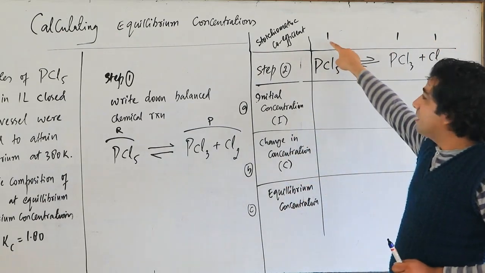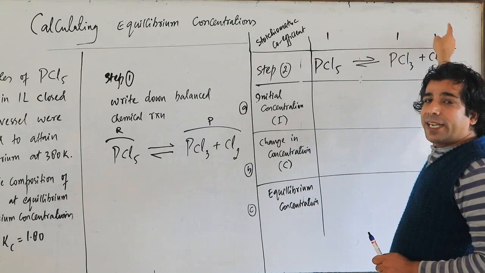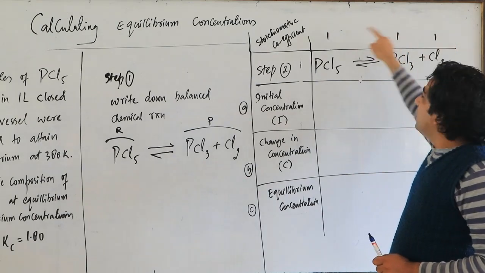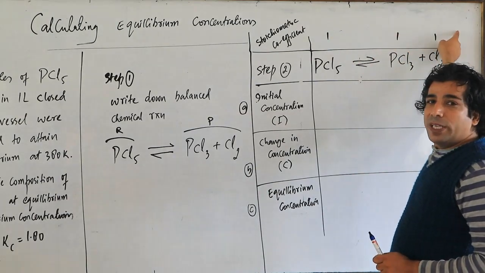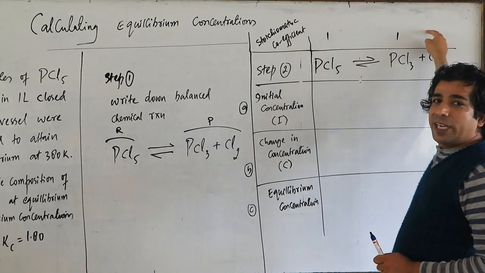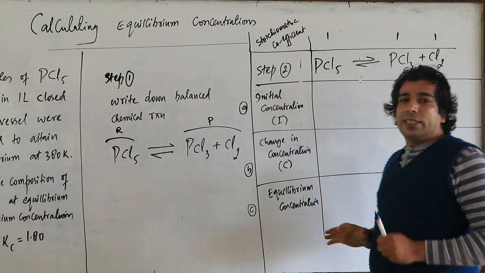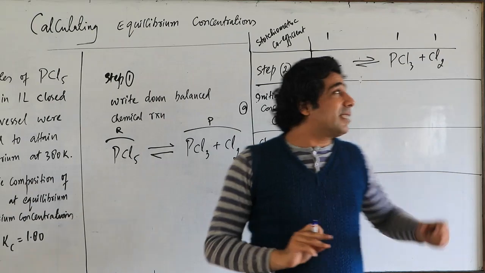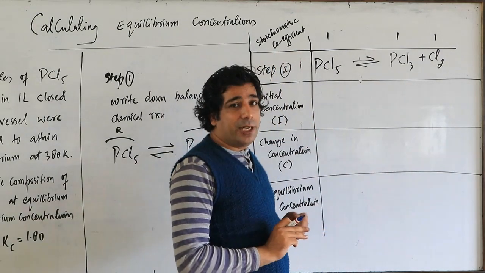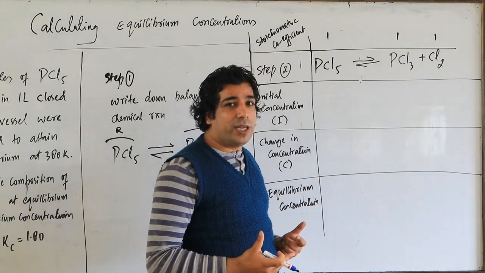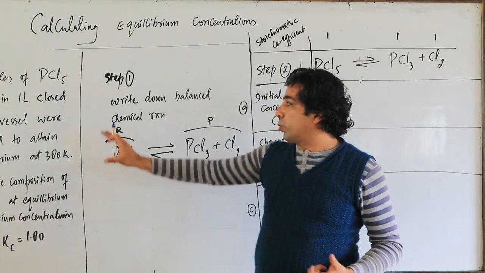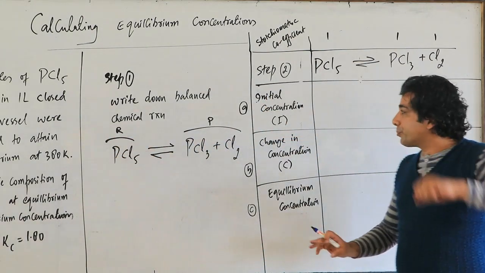If this is X, this has to be also X and X. Are you following now? If this is 2, it has to be 2 and 2. If this is 3, it has to be also 3 and 3. That means this stoichiometric coefficient ratio will tell you a lot more information about this particular question, what is happening.